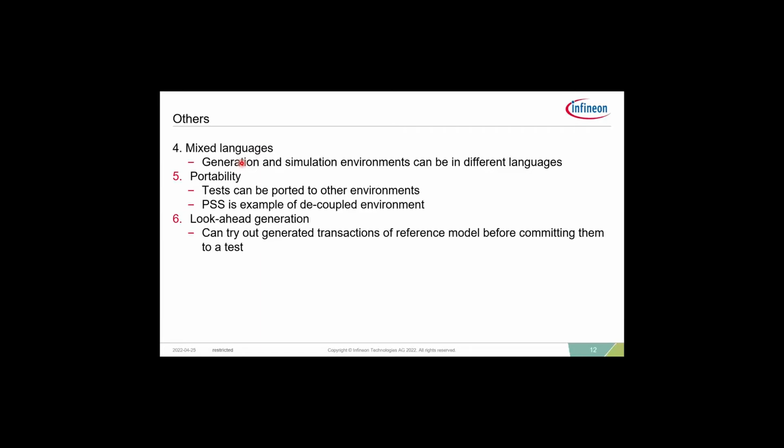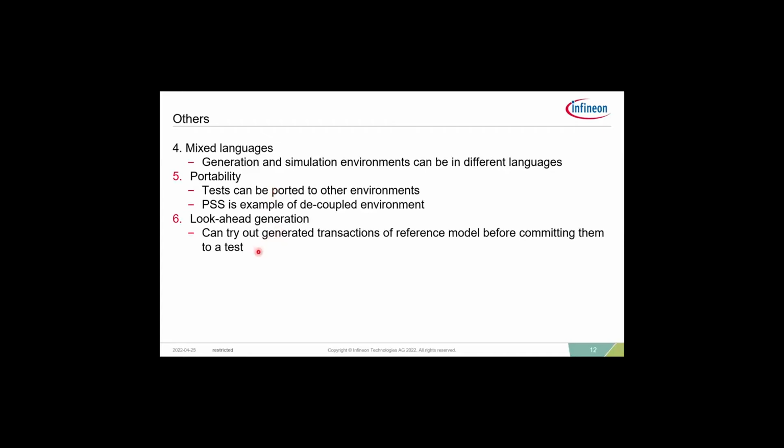Your generation environment could be in PSS, another example, which brings us on to another benefit, which is portability. The tests which exist offline can be ported to other environments. This is something we've done in the past. It's a kind of lightweight PSS. You don't get all the power of a full PSS solution, but it is something we've used.